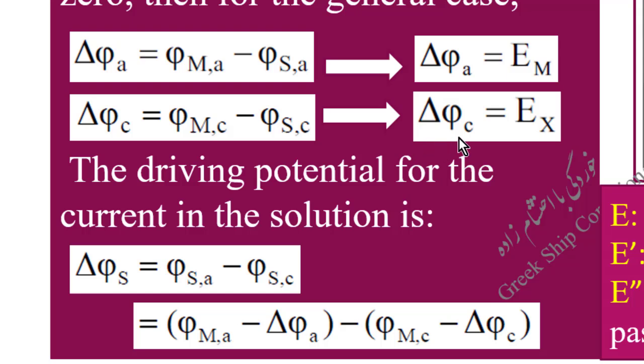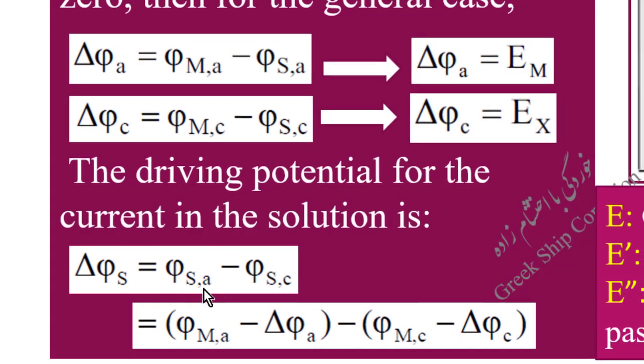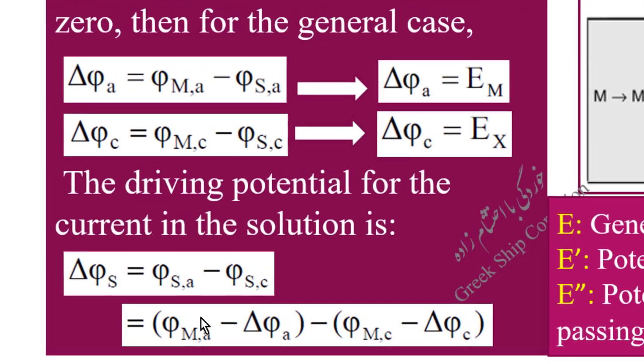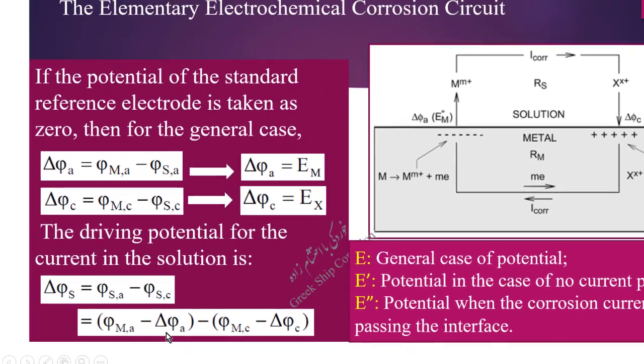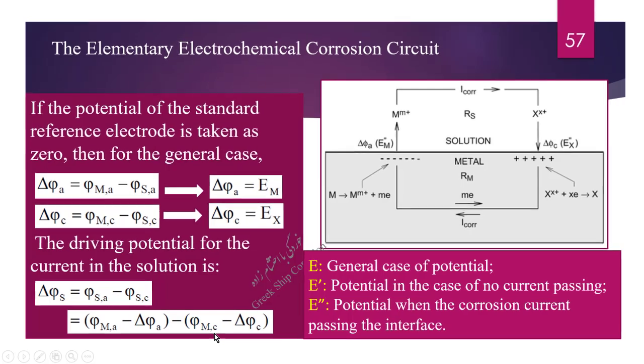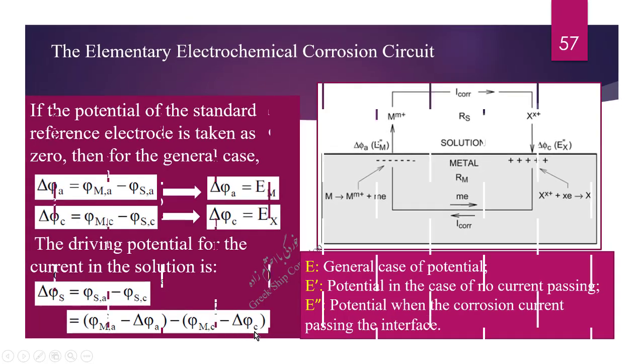That gives delta V_c equals E_x. The driving potential for the current in the solution is delta V_s equals V_sa minus V_sc, equals V_ma minus delta V_a minus V_mc minus delta V_c.